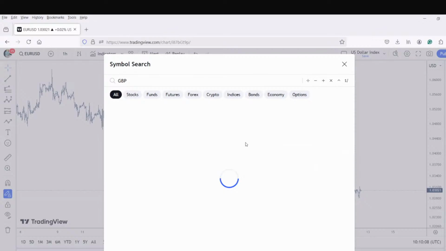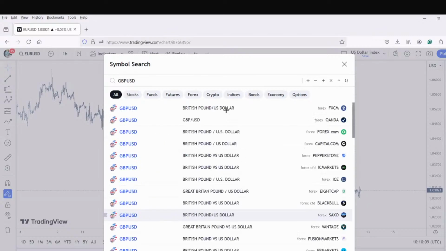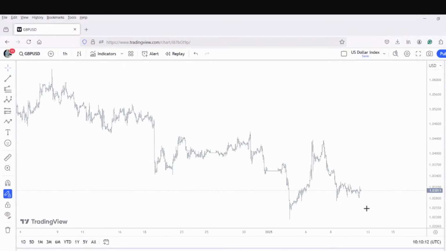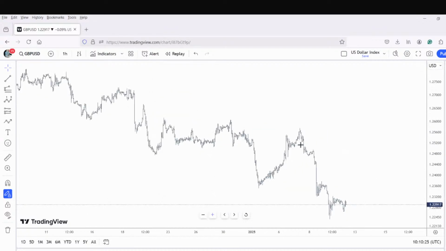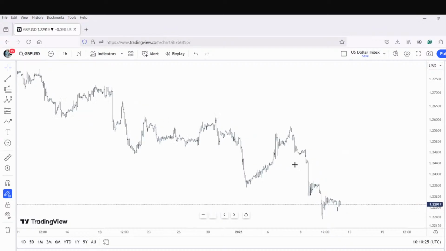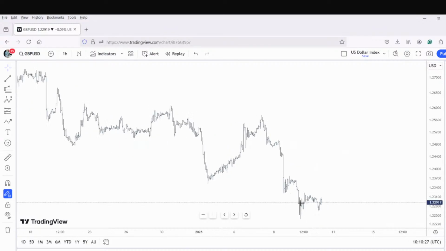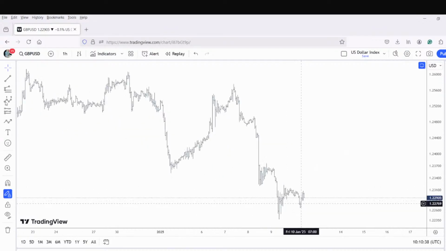Okay, let's touch base with pound as we have been reviewing the chart lately. Okay, again, sorry, the structure is, I'd say, still not very clear as we don't have a clear impulse.